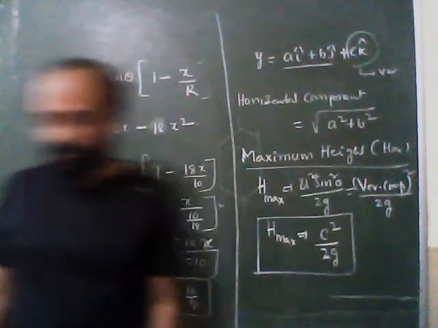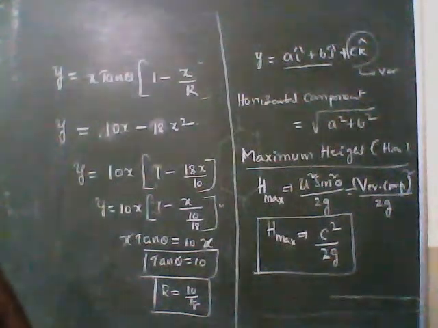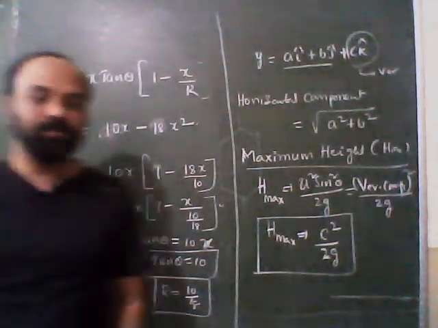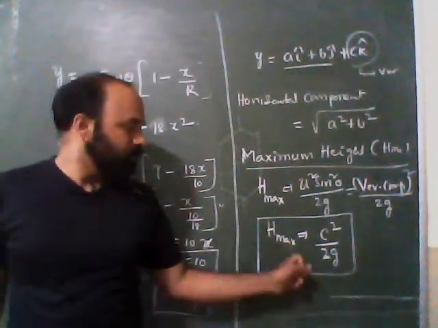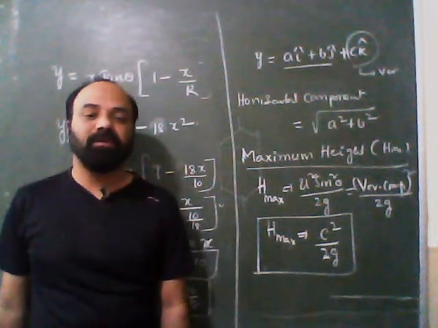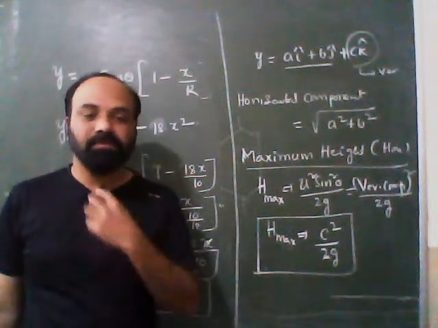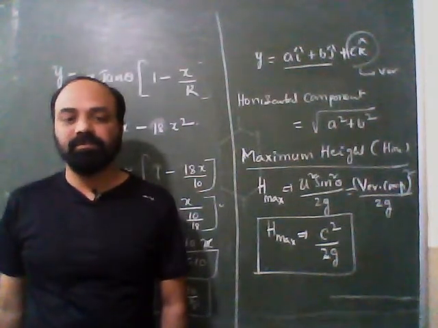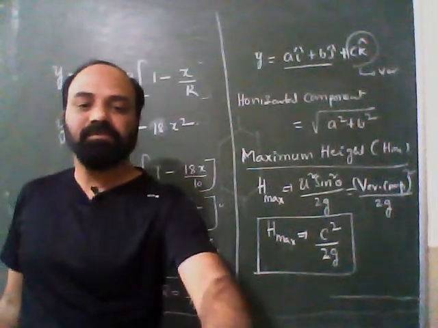Okay, write down. c square by 2g, direct formula. Okay, guys.